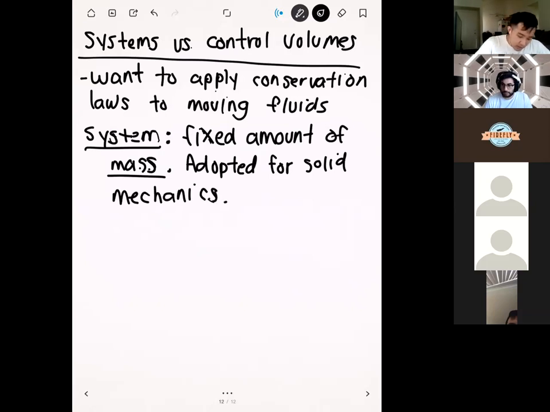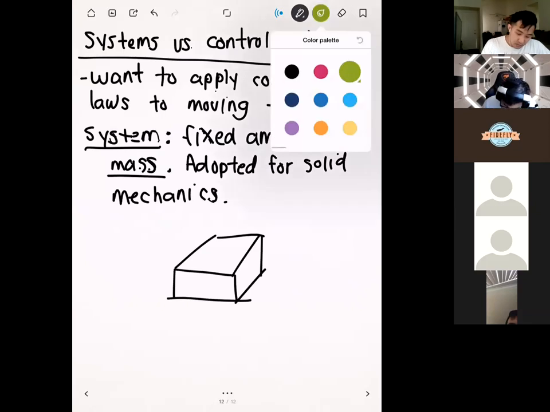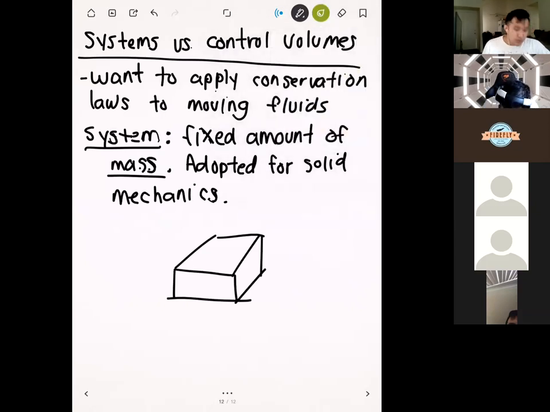Say that you have a block of concrete. This block of concrete here is a fixed amount of mass because it's a fixed amount of concrete. If you want to track the motion of this concrete, say the Hulk gets angry.